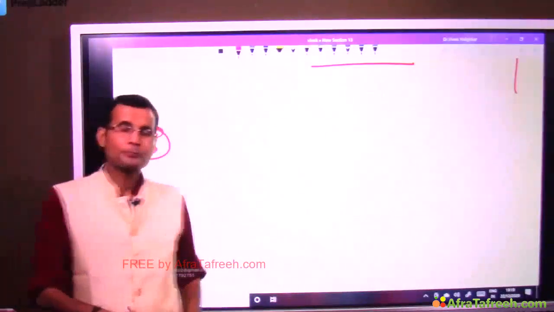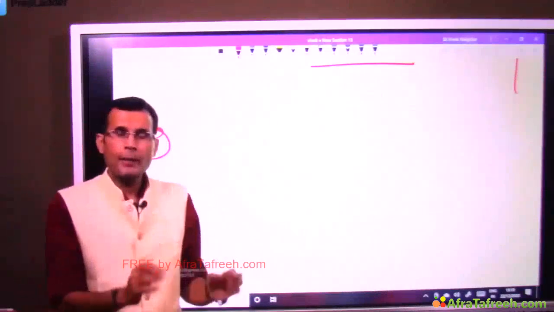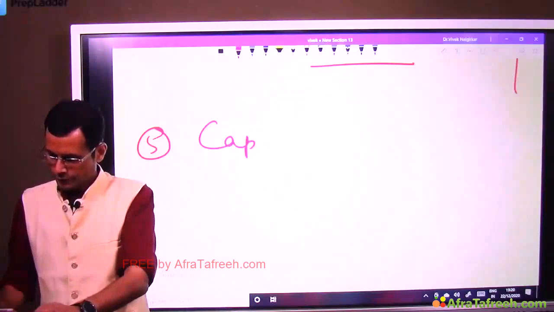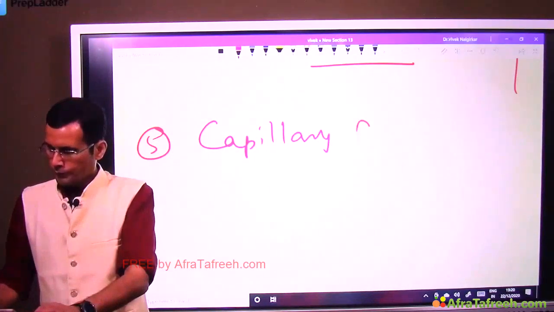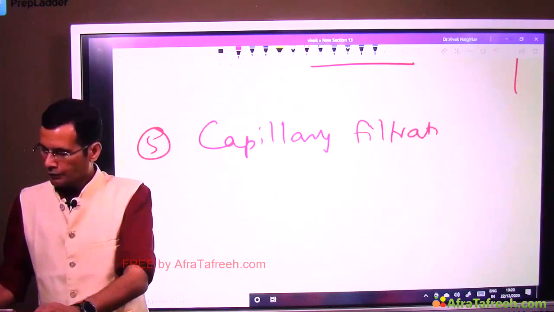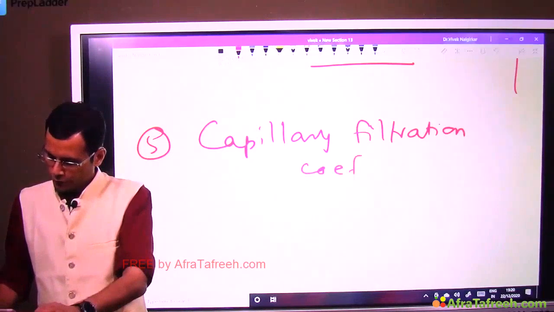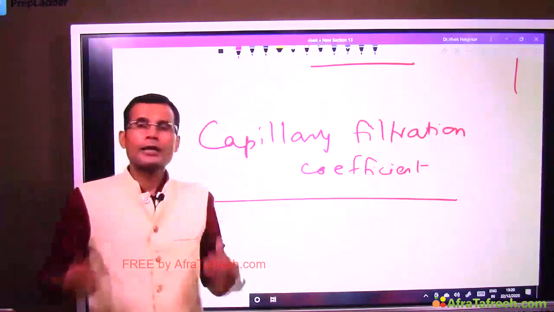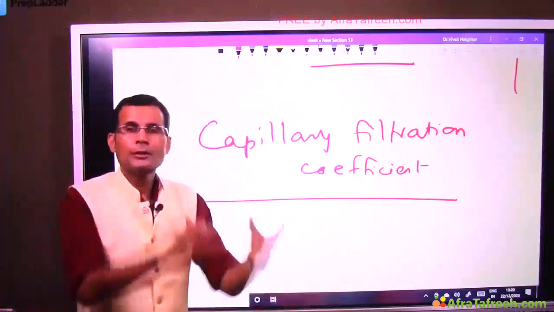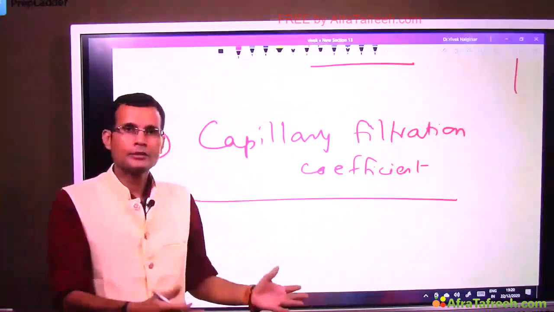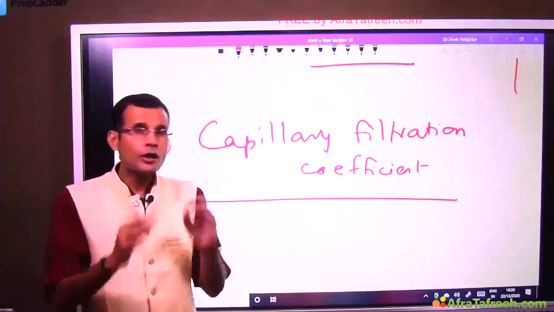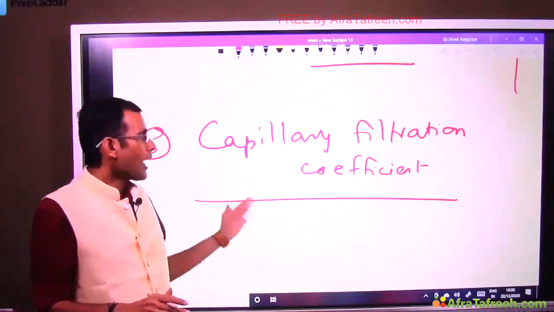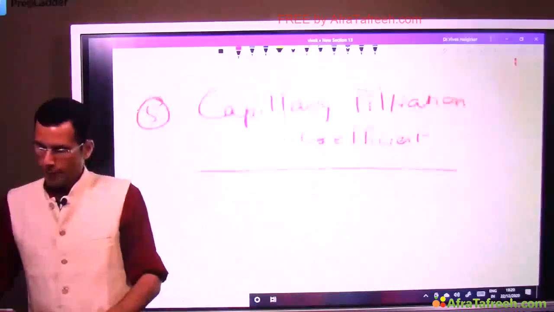Fifth point. Capillary filtration coefficient. You know, everywhere in the body, the capillaries filter out substances, water and the substances. And this occurs with a certain rate. And that rate of filtration is called the capillary filtration coefficient.